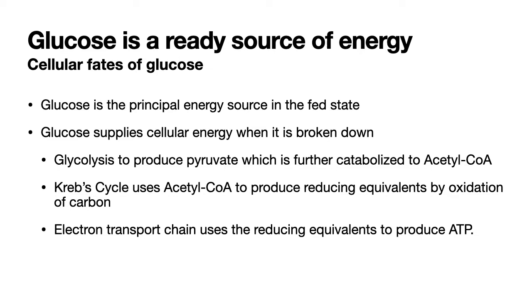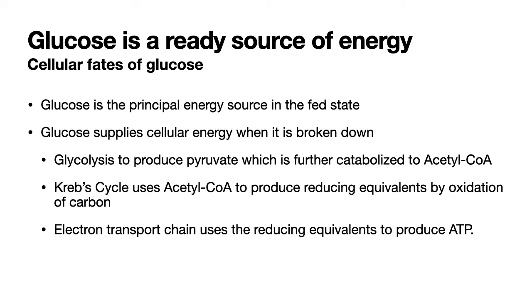So here are the three steps by which that happens. Glycolysis is the first step, and the end product of glycolysis is pyruvate, which is further processed or catabolized to form acetyl coenzyme A. The Krebs cycle then utilizes acetyl coenzyme A to produce reducing equivalents by oxidation of carbon.